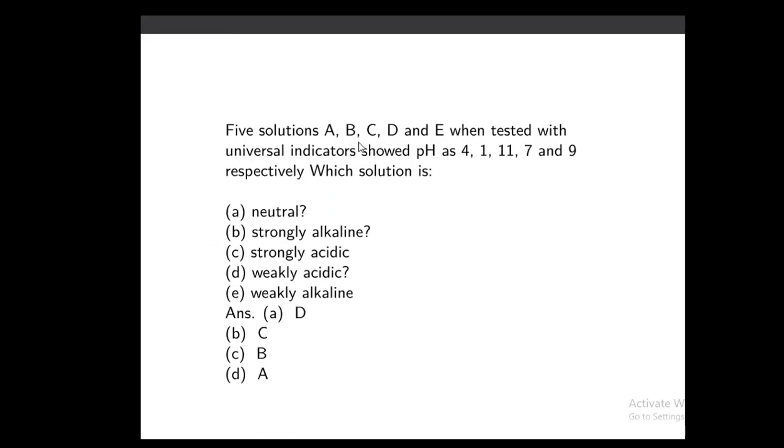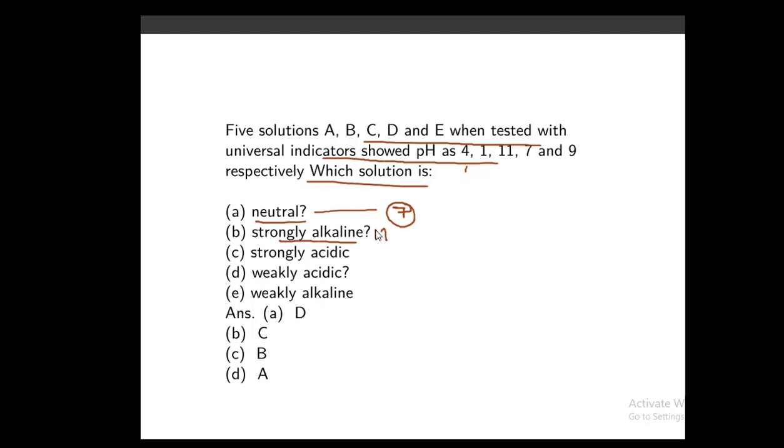Five solutions A, B, C, D, E when tested with universal indicators showed pH 4, 1, 11, 7 and 9 respectively. Which solution is neutral, they are asking. A neutral solution has a pH value of 7. Strongly alkaline means the pH value will be 11.